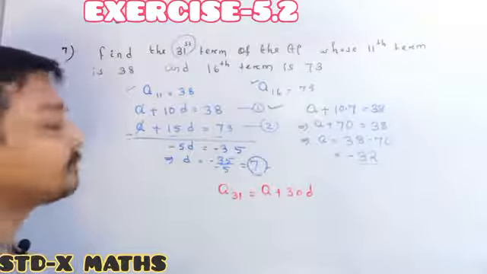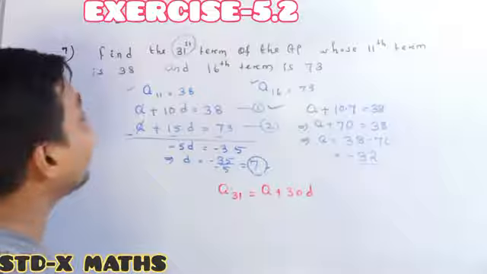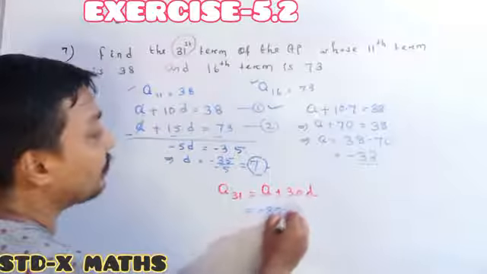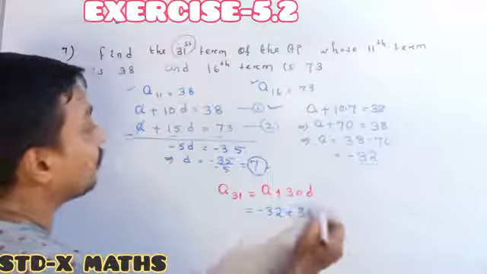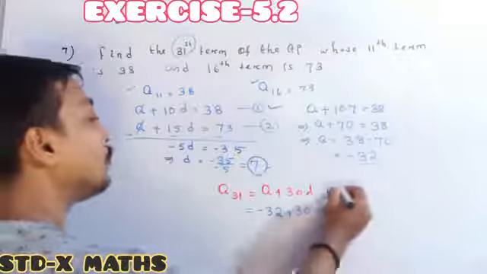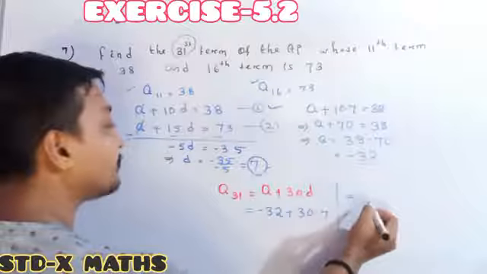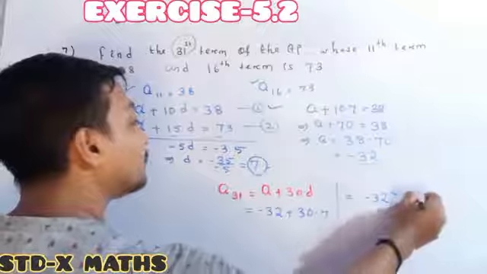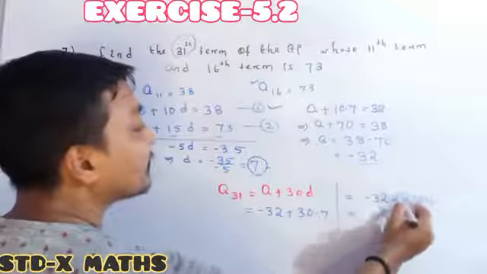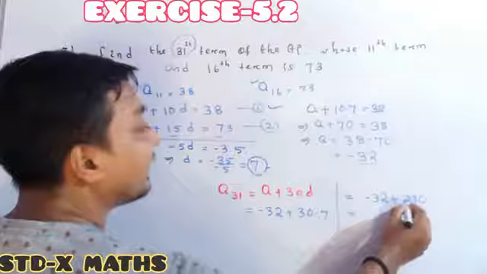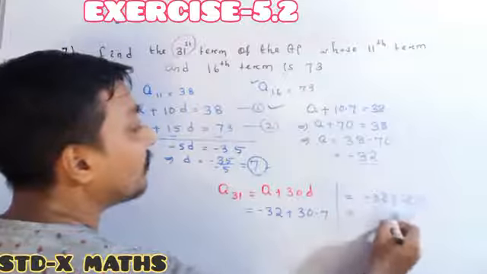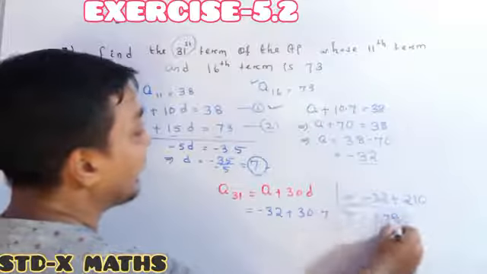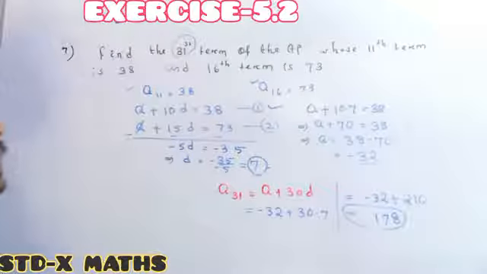Here A is minus 32, so minus 32 plus 30 into D, meaning 7, which implies minus 32 plus 210. On solving, you will get 178. So A31 will be 178.